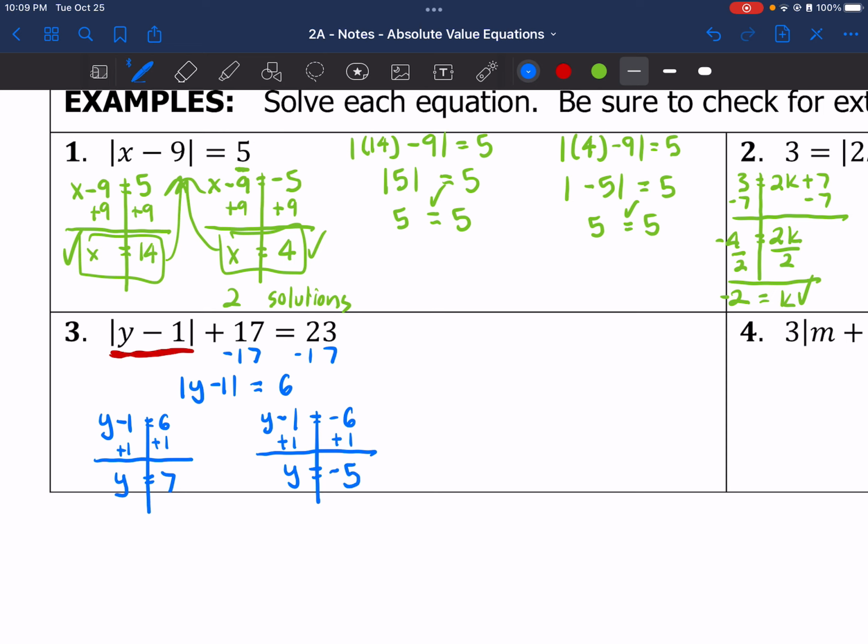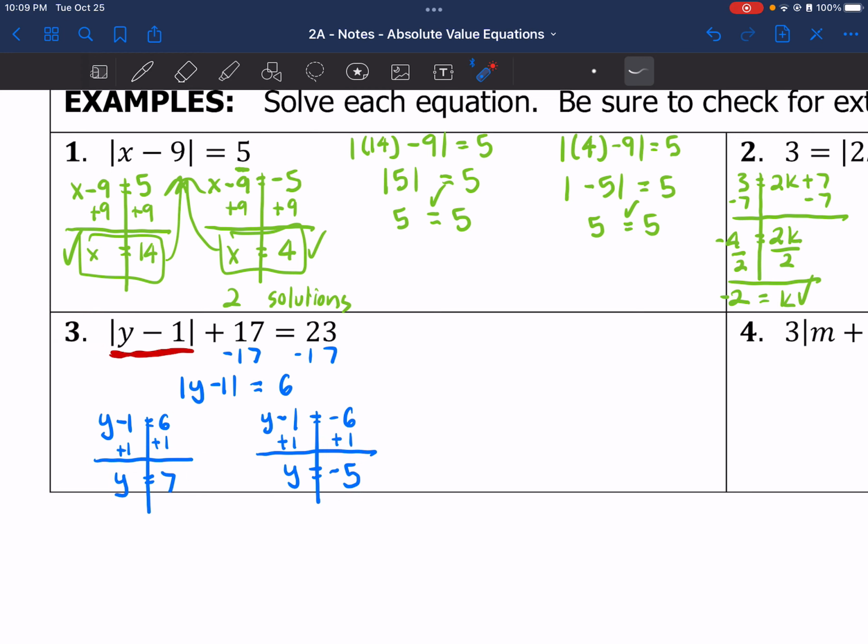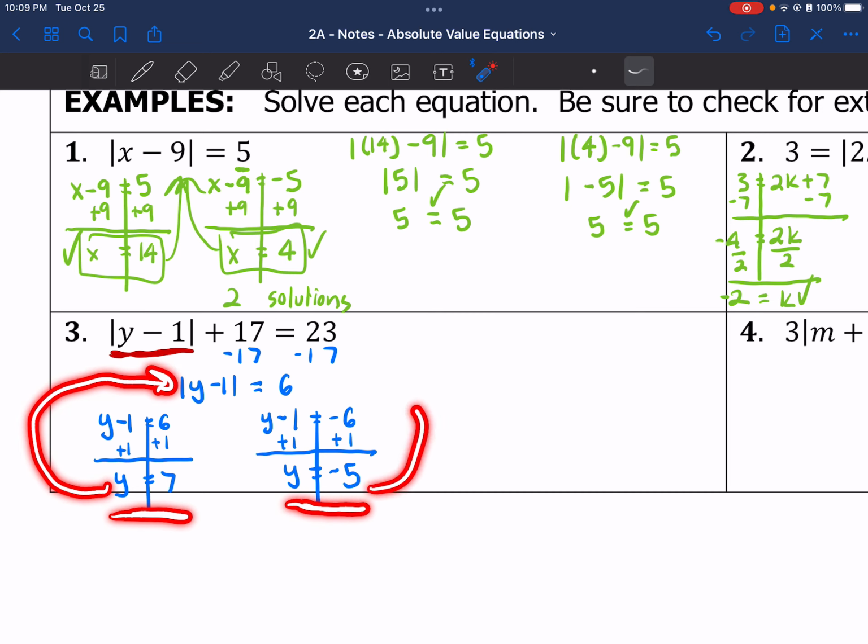Last but not least, we're going to replug y into our original equation. So we can plug y equals 7 back into this equation and y equals negative 5 back into this equation, and that's perfectly fine. However, I can also plug this y into this equation right here, and this y into this equation right here.